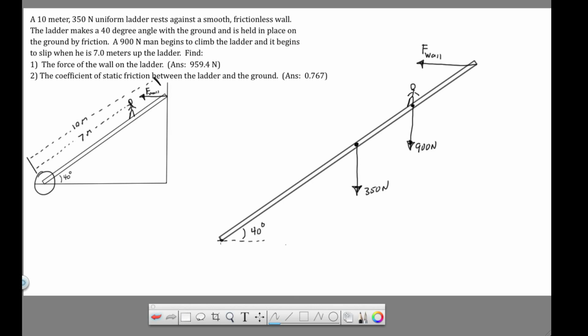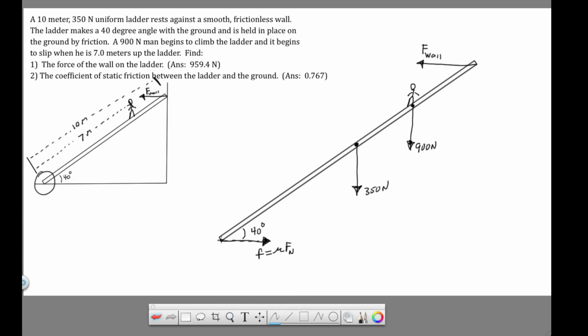So there has to be a frictional force holding the ladder in place. So this force here that I'm drawing to the right is a frictional force, and friction equals mu times normal force. And remember, friction is always parallel to the surface. We learned that back in chapter 4.